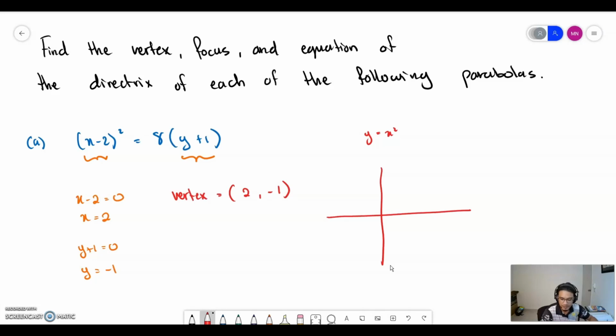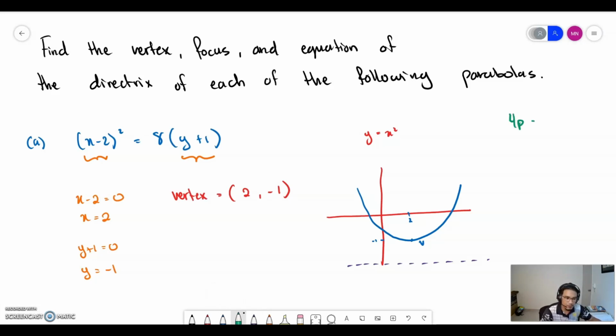Now we have the vertex at 2, negative 1. So this is the position of the vertex. Now we know our directrix must be lower than the position of the vertex. In order to find the directrix and the focus point, we have to find the value of p.